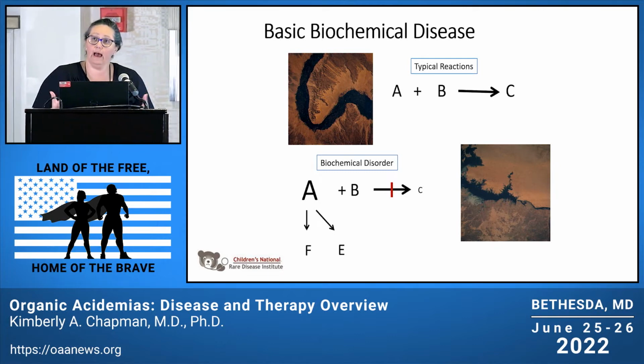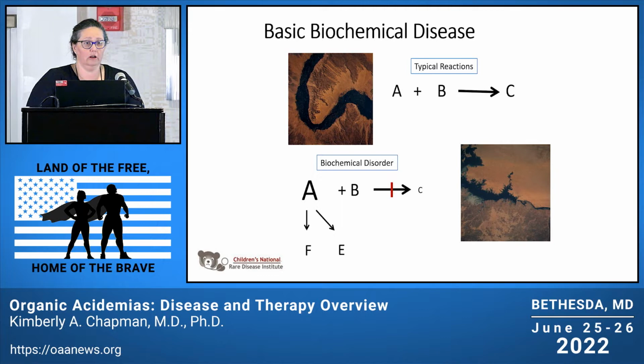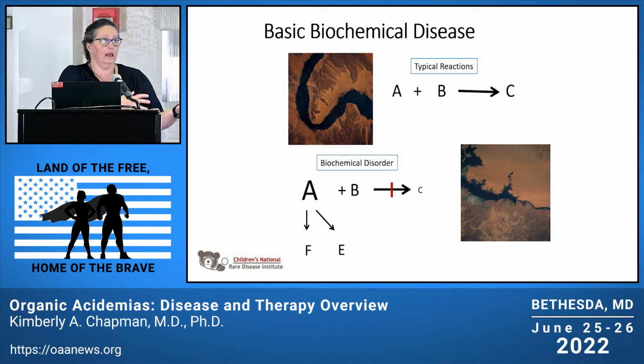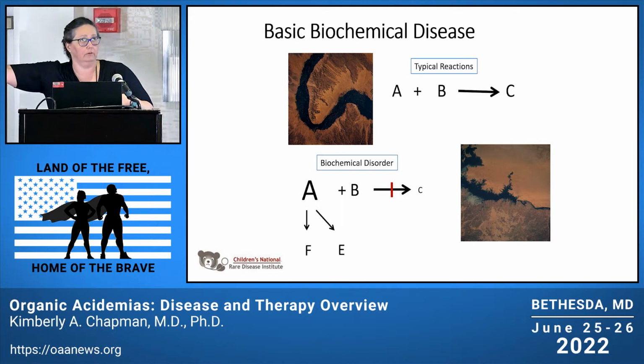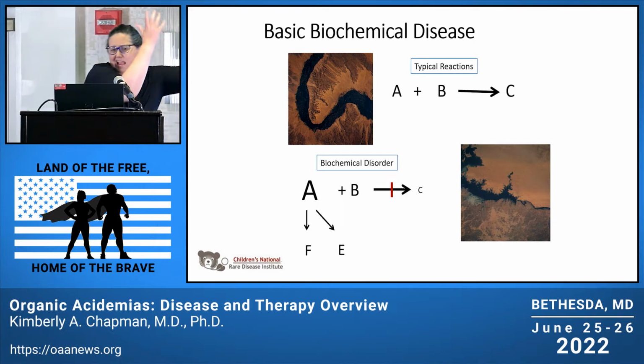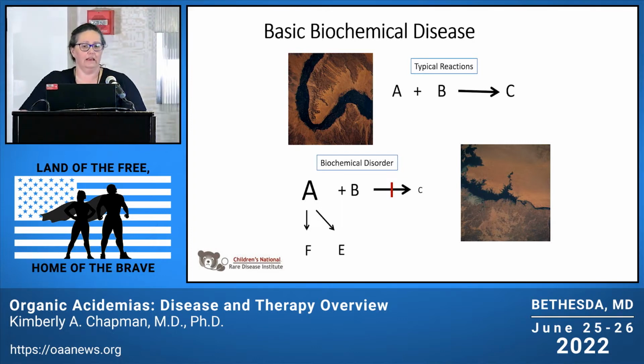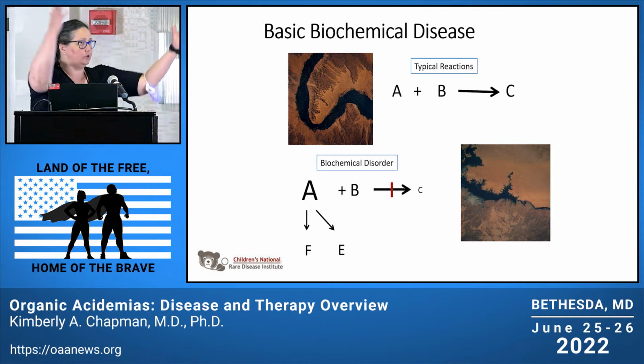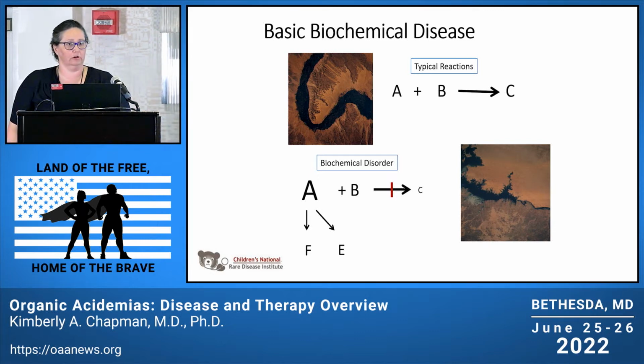And if you have a metabolic disorder, it's like blocking A to B producing C. And what happens is you accumulate A, and A leads to F and E, and you're deficient in C. And this is like sticking a dam in front of a river. And you flood upstream and you're deficient downstream.